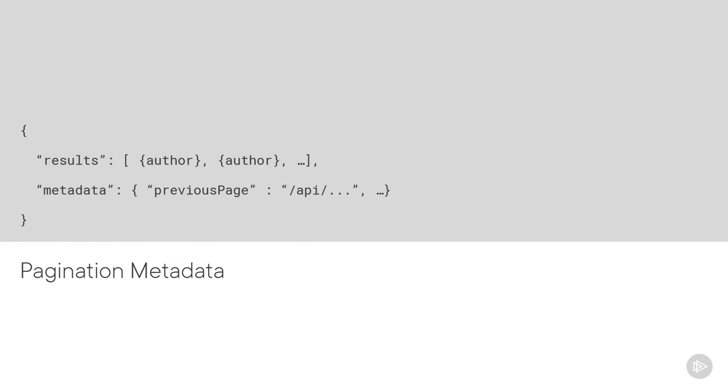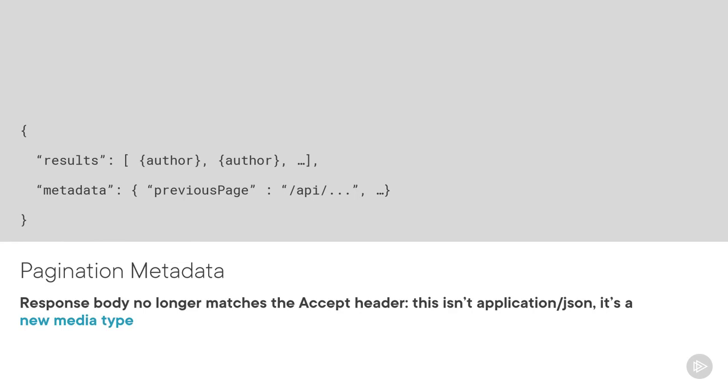But this isn't correct. If a consumer of the API requests a page of authors with application/json as media type value for the accept header, the API should return a JSON representation of the resource. An envelope that includes a result and metadata property isn't a JSON representation of the authors collection resource.